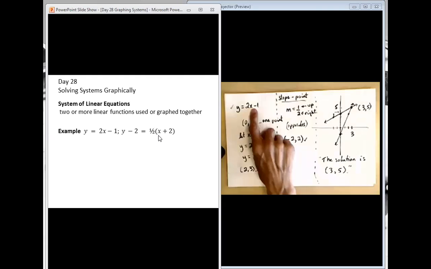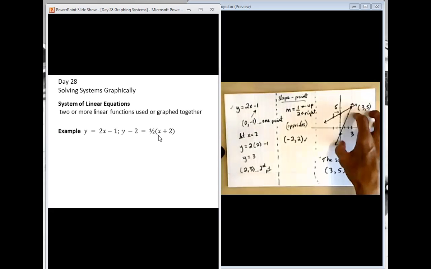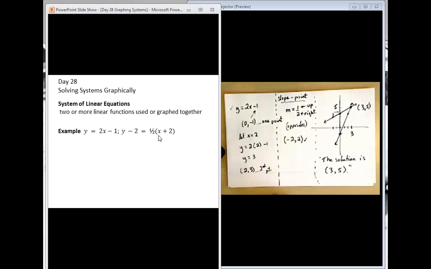Had one line, used the intercept and a second point, basically 2 points for the first line made the graph. For the other line, 1 point and the slope made the graph. Found out where they crossed. Let's do one more. A little less talking, a little more writing, eh? A little more talking from you, less from me.